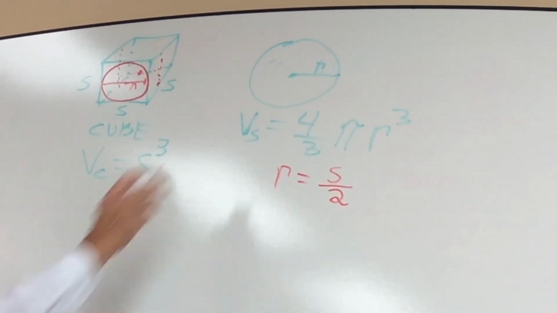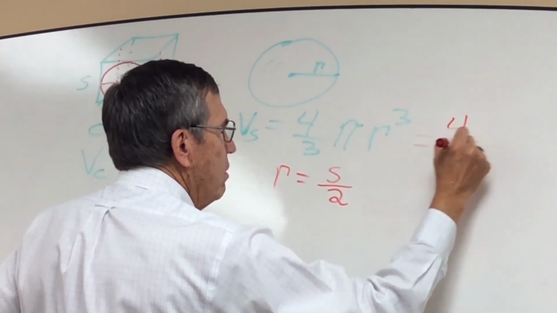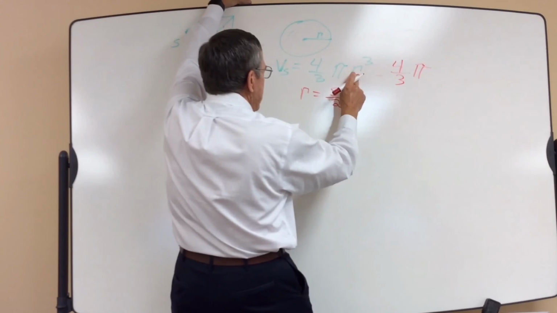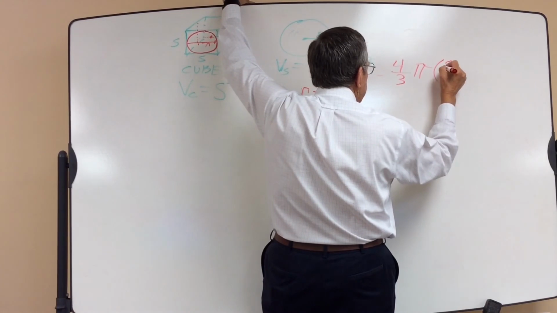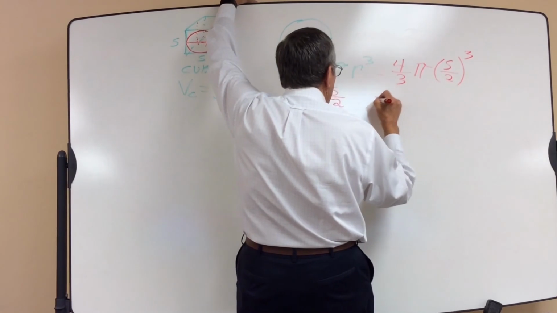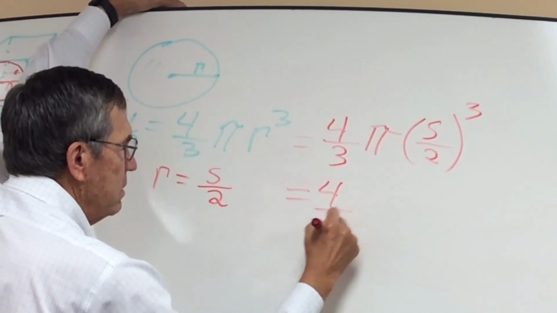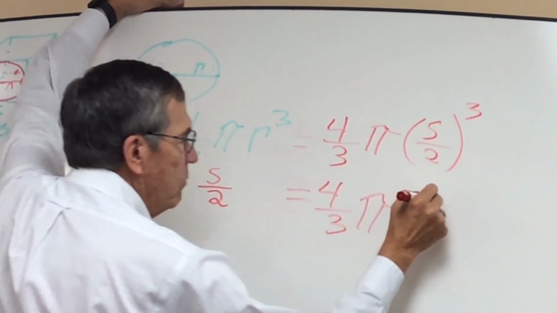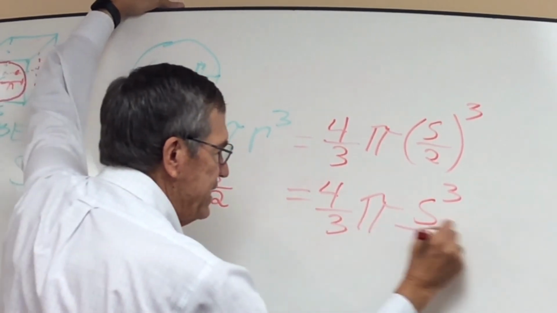Okay? So over here, I can plug this in, and this is going to be 4/3 pi. And now we'll take r and plug this into it. So I'll put a parenthesis there. We'll say r is s over 2, and we're going to cube that. So now we have 4/3 pi, and we'll cube everything inside the parenthesis. We'll cube the top, and we'll get s cubed, and we'll cube the bottom. 2 times 2 times 2 is 8.